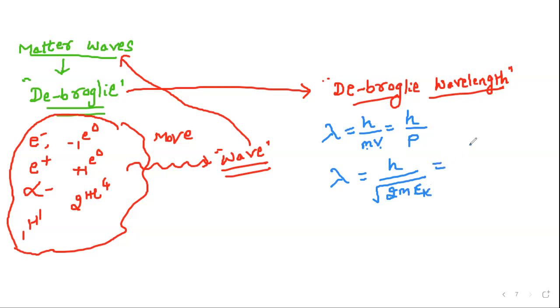This can also be written in terms of potential: h divided by root of 2mqV. What is that V called? V is the potential, and q is the charge. So these are the different forms of the de Broglie wavelength. You have to remember this.